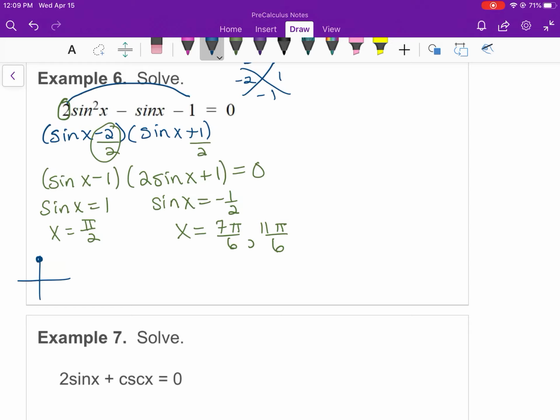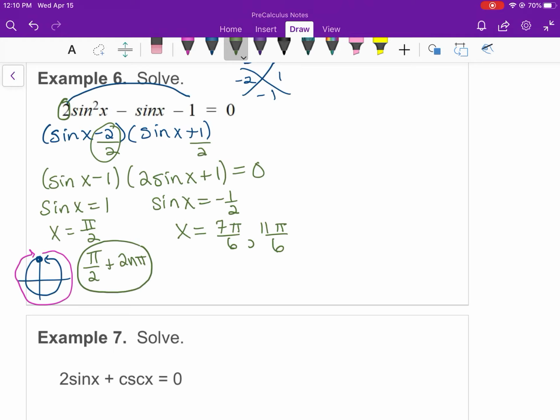But so does an angle coterminal to it. So if I added 2 pi to it and had 5 pi over 2, that also would have a sine of 1. Or if I started here and I went backwards and I subtracted 2 pi, I would still have a sine of 1. So in order to account for all of the answers, you have to take pi over 2 and you're going to add a complete circle to it. So that's 2n pi.